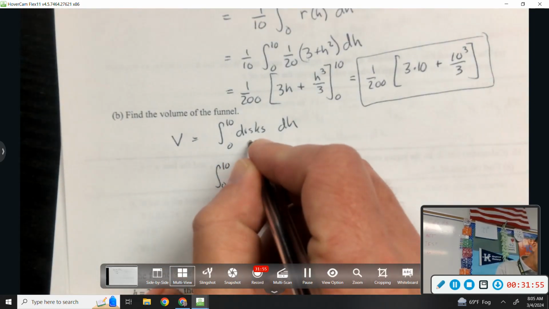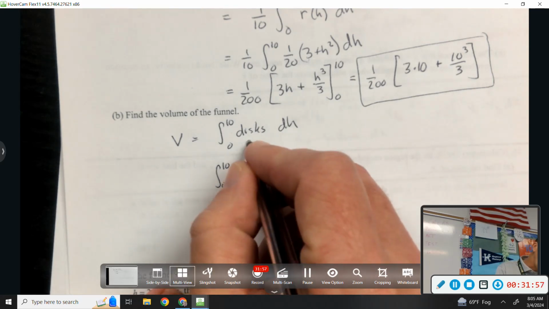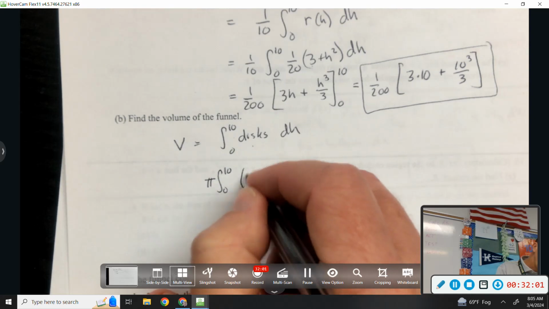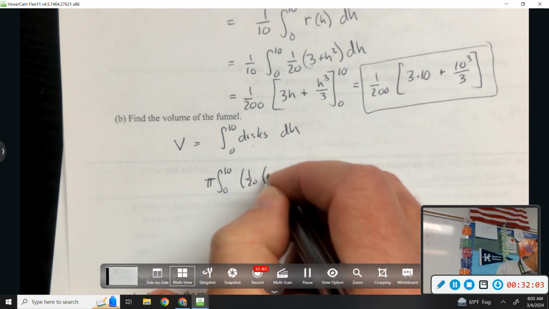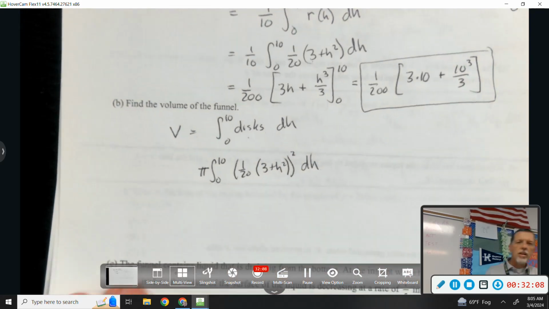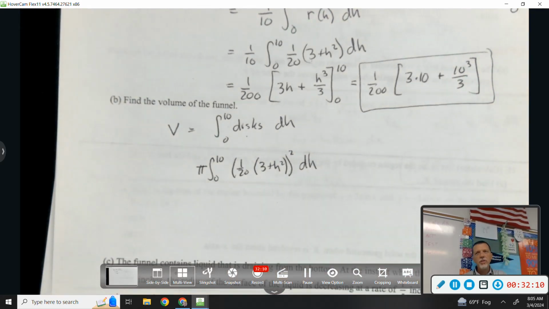The disk area is pi r squared. There's pi r squared from 0 to 10.